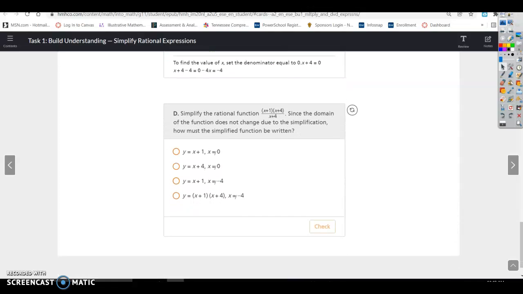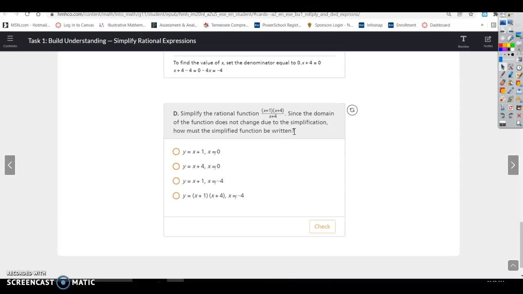All right, it says simplify the rational function. Since the domain of the function does not change due to the simplification, how must the simplified function be written? All right, so remember above when we reduced, anything divided by itself cancels out. So because we have an x plus 4 on top and bottom, the x plus 4 will cancel. It's like 4 divided by 4 is 1.